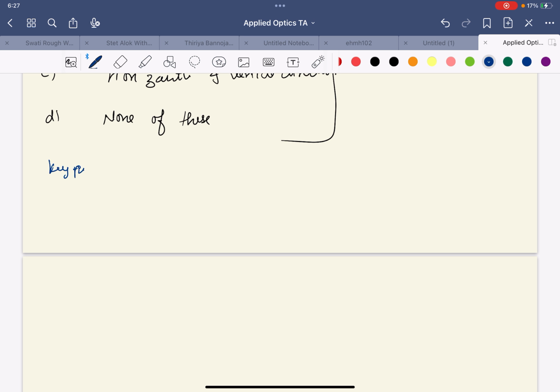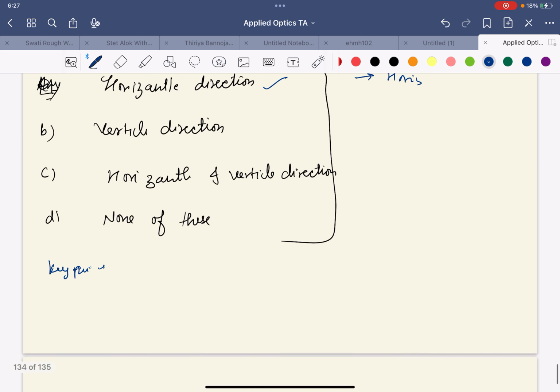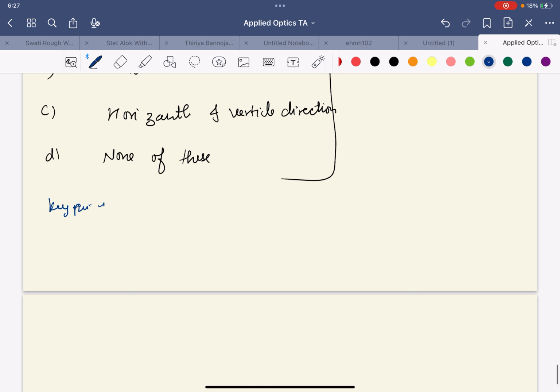If we consider the vertical aperture shape, a thin vertical aperture means the aperture is much taller than its width, right?